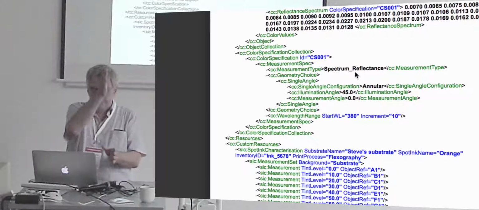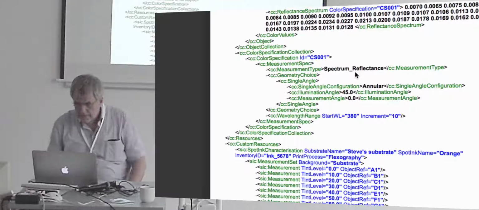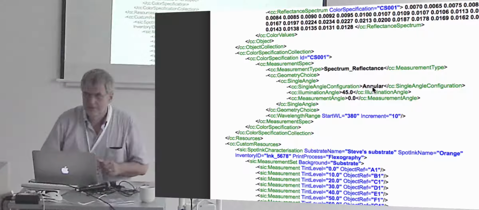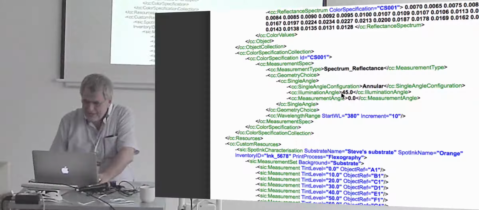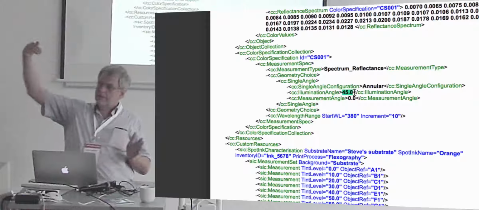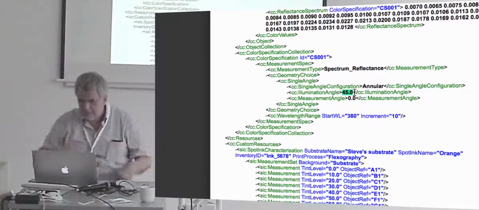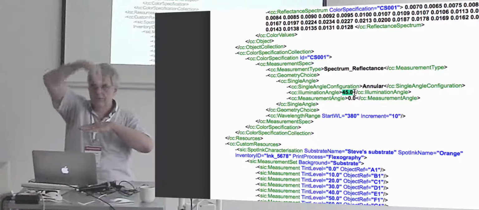So you measure the spectrum, part by part, across a certain range. It's a certain angle configuration, which is called annular. I don't know exactly what that means, but I know it works. And then the illumination angle, so the angle at which the lighting hits the surface, which is always 45 degrees in this case, and the measurement angle is from the top, so it's 0 degrees.